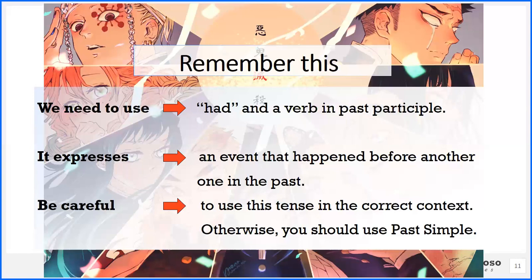But if you just want to express that something happened in the past, then we would want to stick to past simple. So depending on our context and what we want to express is the tense that we're going to use. If we use past perfect, we want to always add something else to the context, either a time reference, so they know that it happened before another period of time.